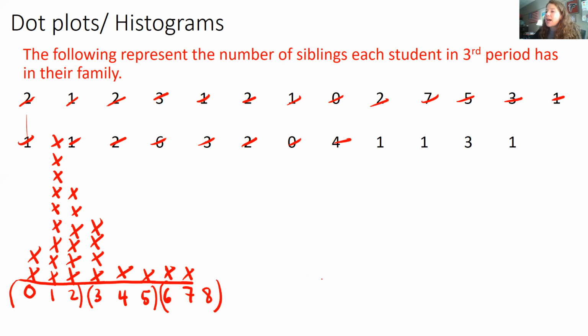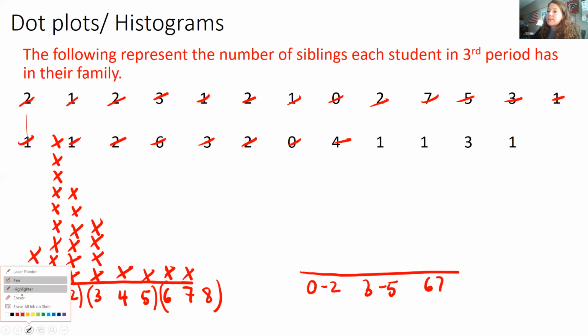So on the bottom, we would put our intervals. So we want 0 to 2 siblings, and then we'd put 3 to 5, and then we'd have 6 to 8. Whoops. Let me erase this.